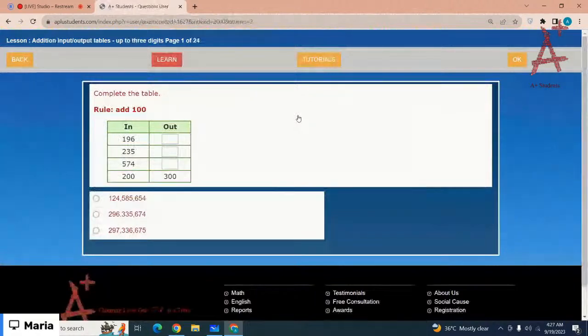Which option is the correct one when you add? 196 plus 100 equals, that would be 296, 335 and 674. The second option is the correct one, right?